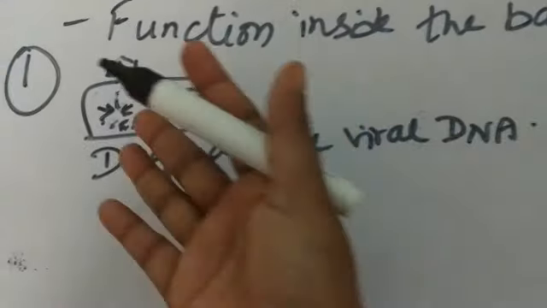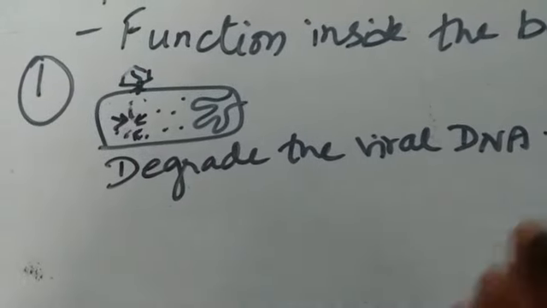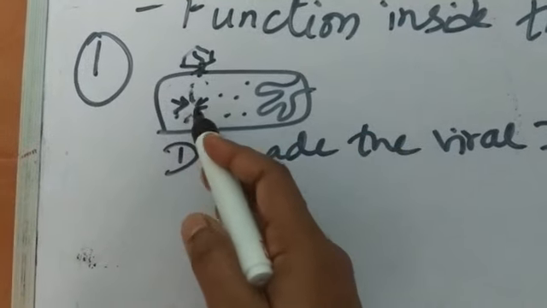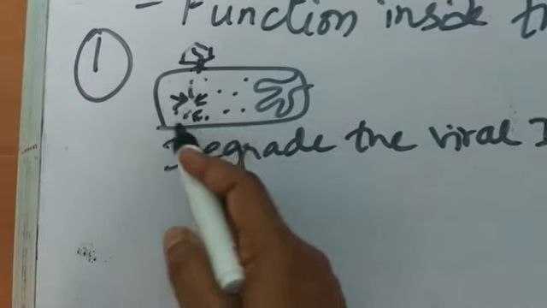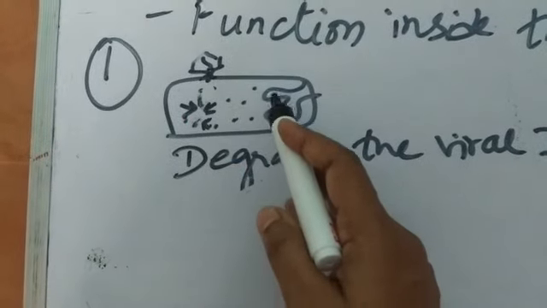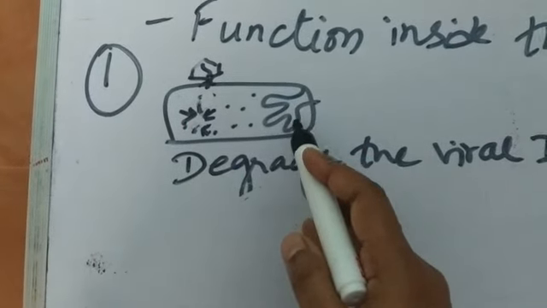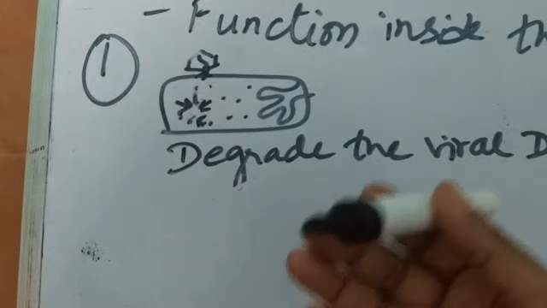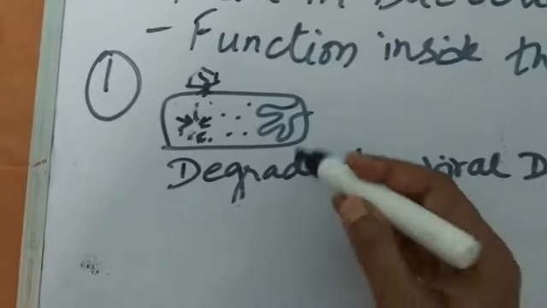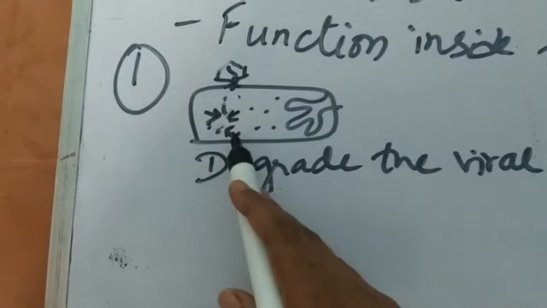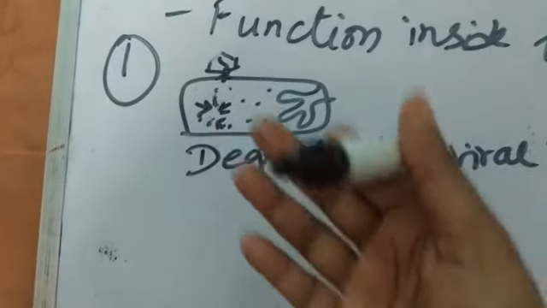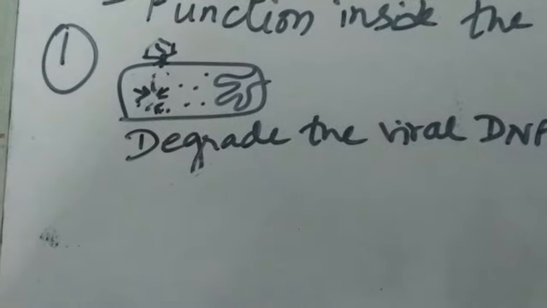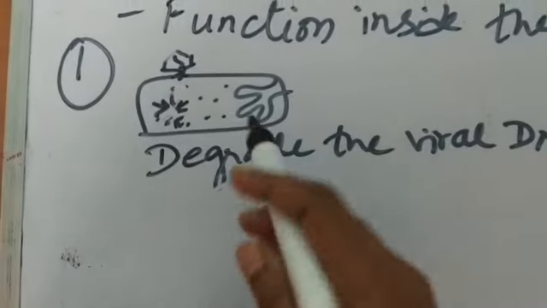Once the viral DNA is degraded, the infection is no longer able to proceed. Otherwise, what will happen? The viral DNA takes over the entire cell and degrades the chromosomal DNA of the bacteria and uses this bacteria to make more of these viral particles. Finally, it will break down the cell, rather kill the cell, and more number of viruses are released out. But now what has happened?